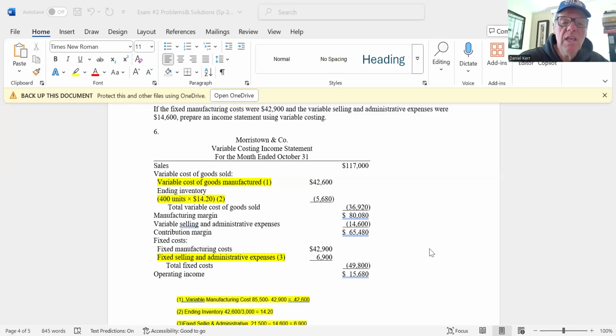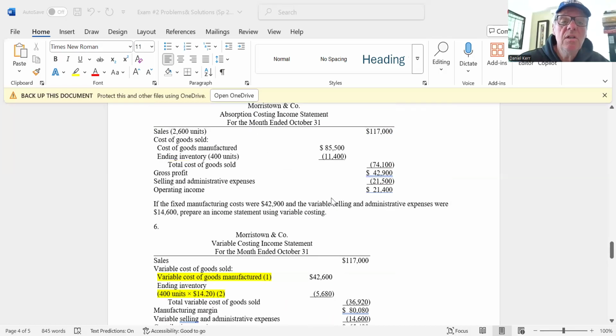You made 4,400, and your total variable manufacturing costs were 42,600. They told you that you had sold 2,600 units and you had 400 units in ending inventory. So you must have actually manufactured, therefore, 3,000 units.